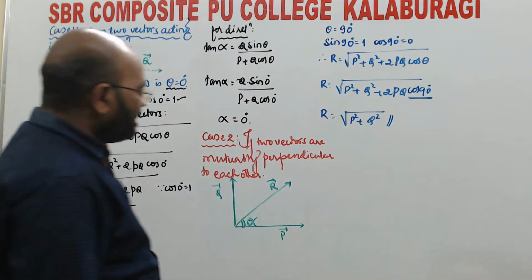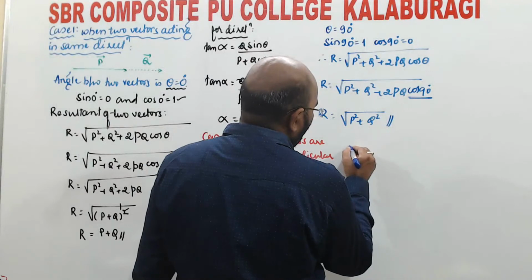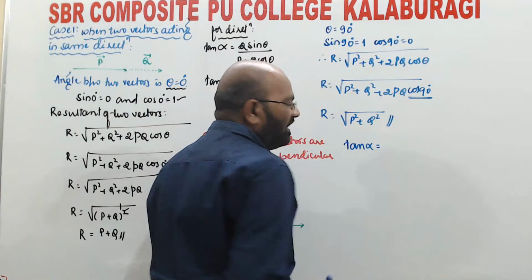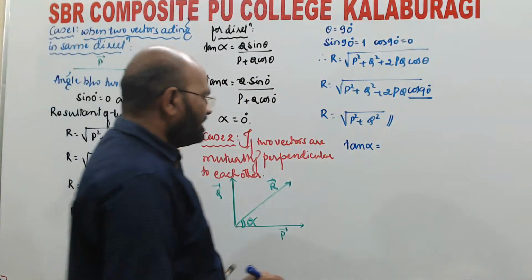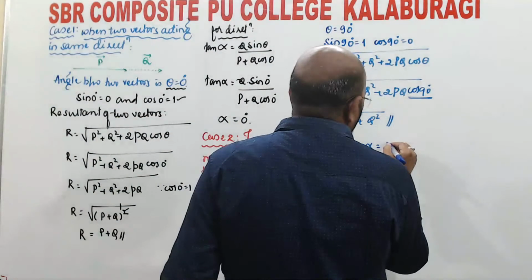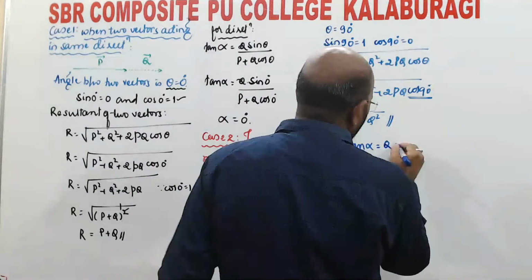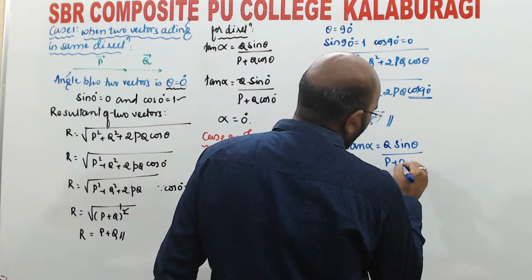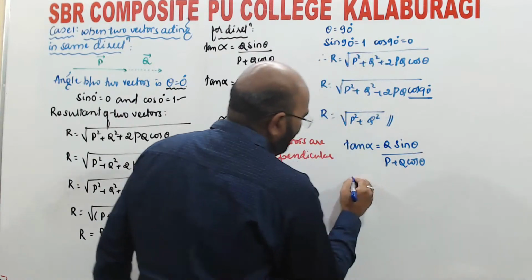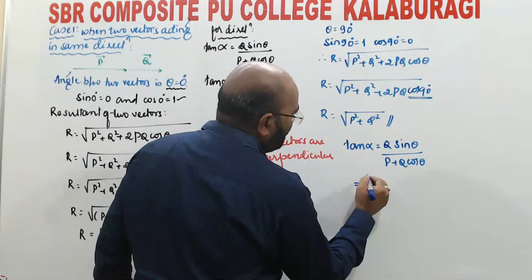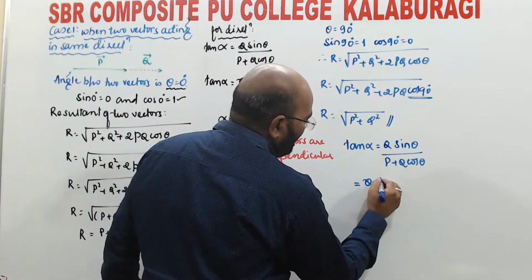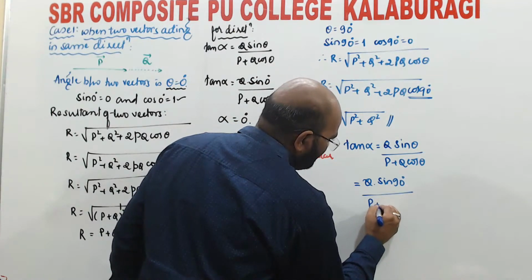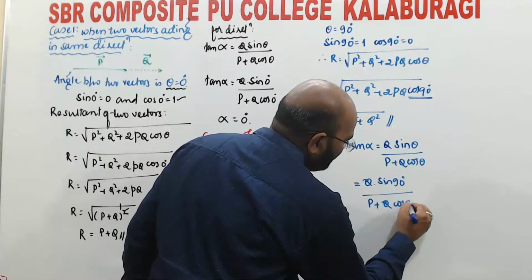Then the direction associated with this vector: tan alpha is equal to q sin theta divided by p plus q cos theta, applying the same formula. Then tan alpha is equal to q sin 90 degree divided by p plus q cos 90 degree.